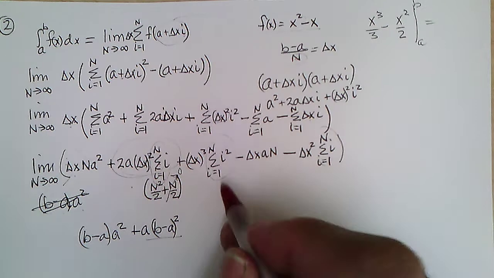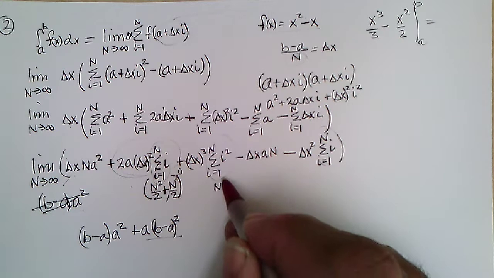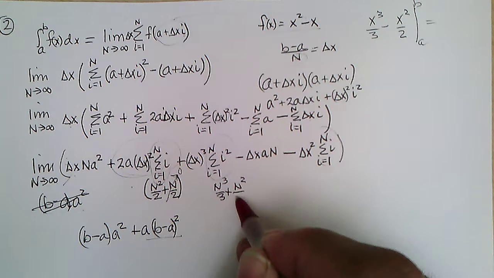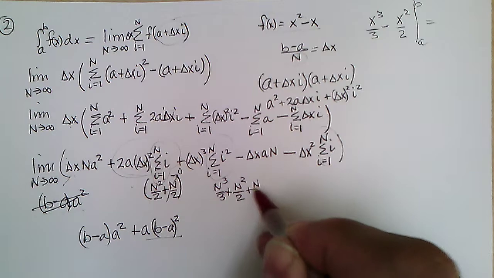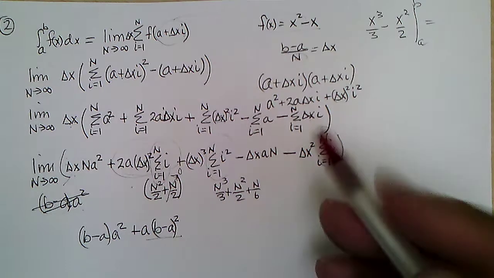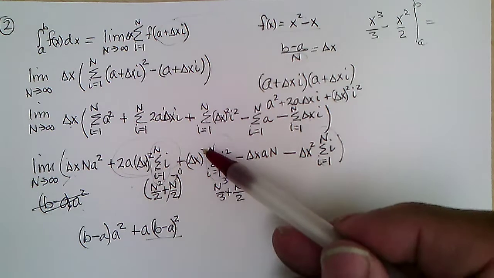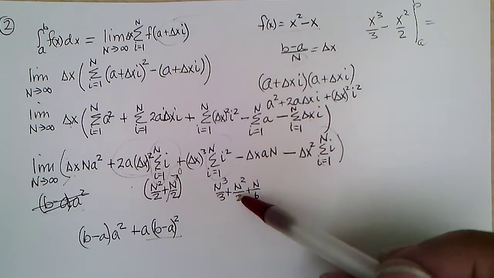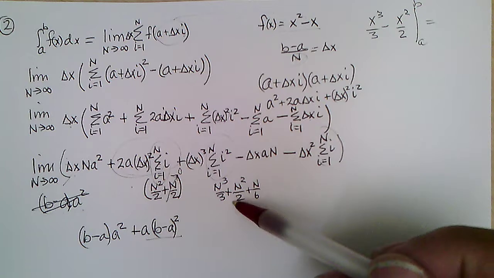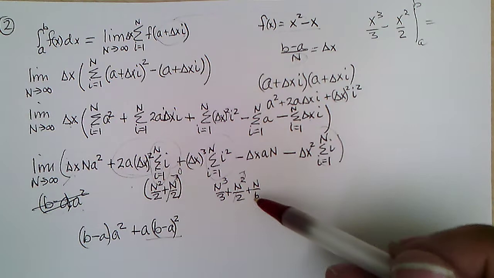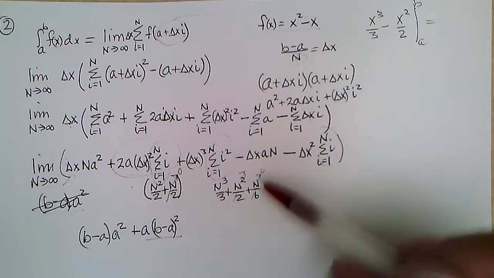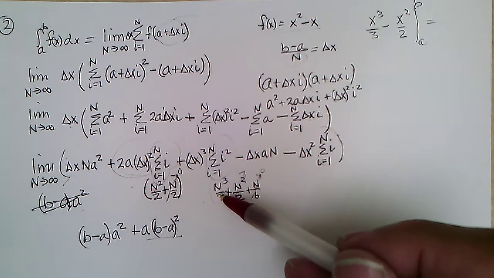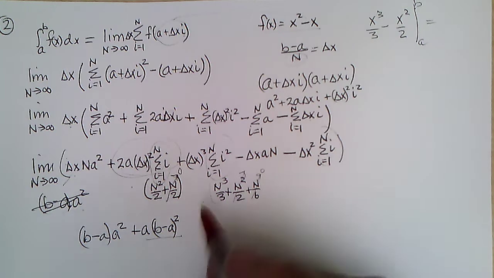Now, the i squared formula was n to the third over 3 plus n squared over 2 plus n over 6. And since I have a delta x to the third, I'm going to have an n to the third in the denominator. N to the third under this would go to 0 as n goes to infinity, and this would go to 0, but this would leave me with the n cubed canceling the n cubed, which would be a 1/3.